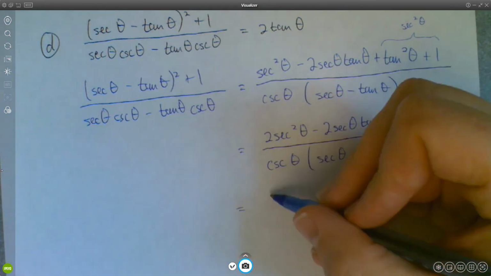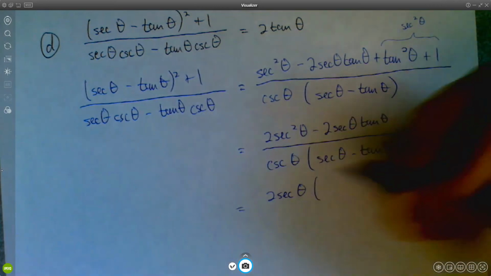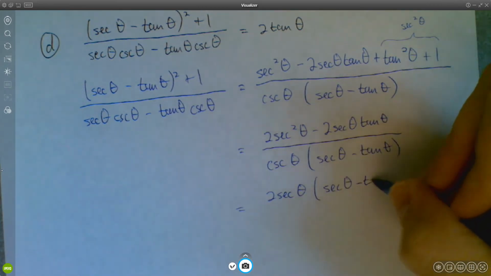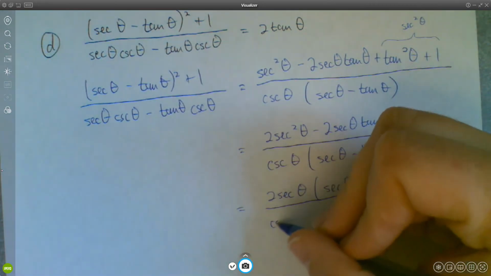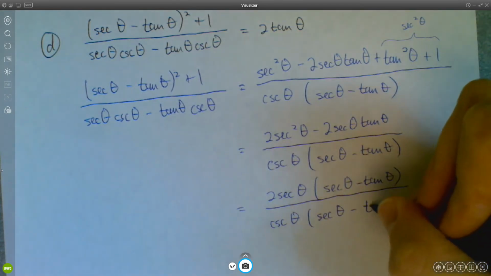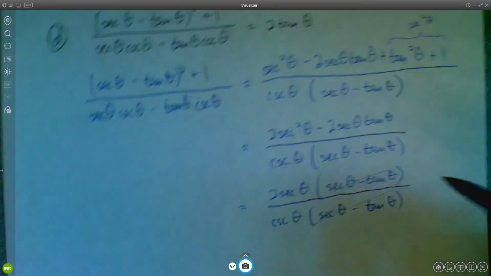So let's factor out that 2 secant theta. And I'll be left with a secant theta minus a tangent theta. There it is, right? Or cosecant theta times secant theta minus tangent theta. Okay. And then those are gone, right?